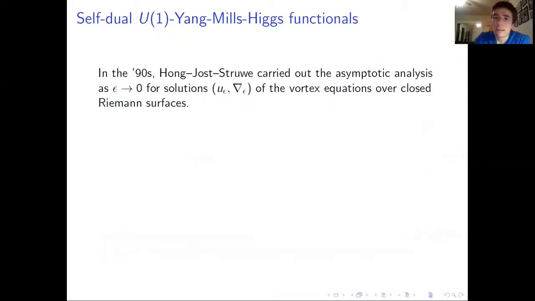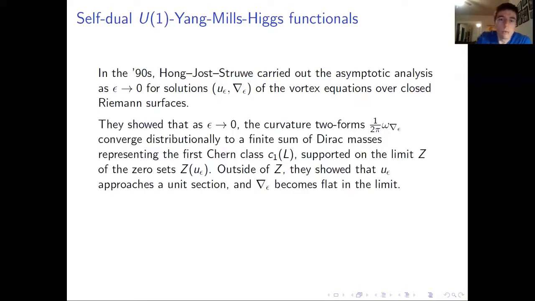All right, so in the 90s, still in 2-dimensional domains, Hong-Jost and Struwe carried out the asymptotic analysis as epsilon goes to 0 for solutions of the vortex equations over closed Riemann surfaces. And what they showed is that as epsilon goes to 0, these curvature 2-forms converge distributionally to a finite sum of Dirac masses that represent the first Chern class of L. And they're going to be supported on the limit Z of the zero sets Z of u epsilon.